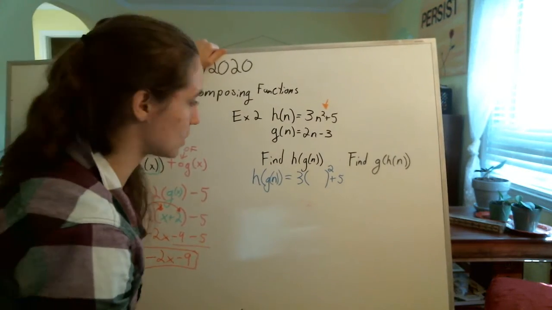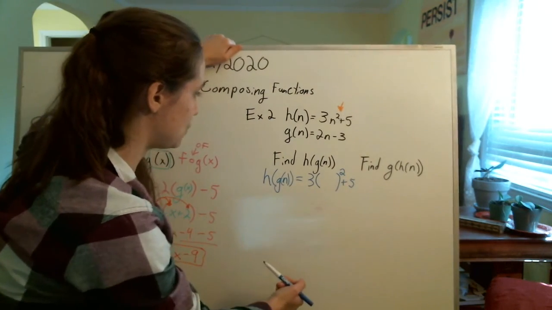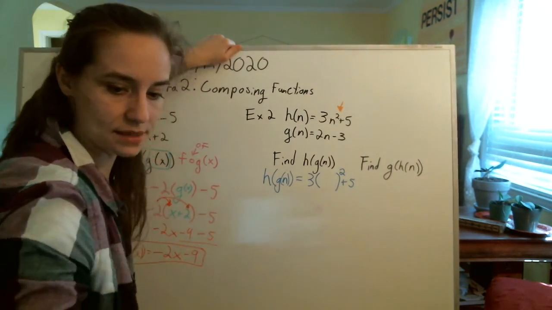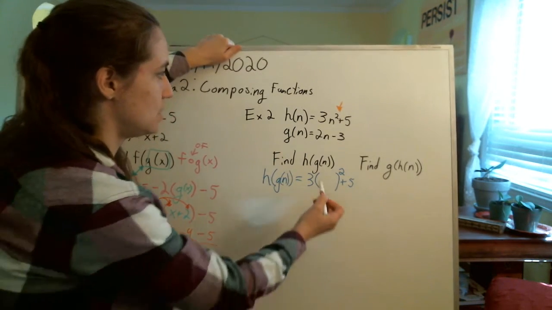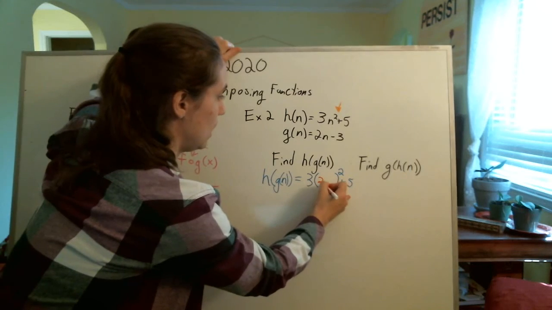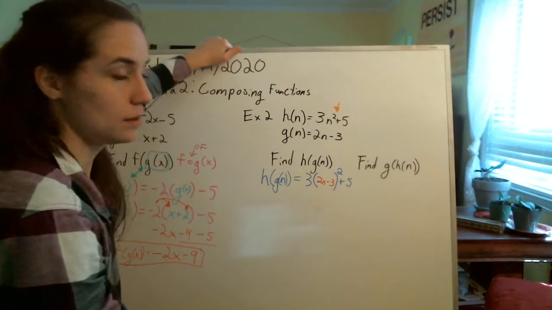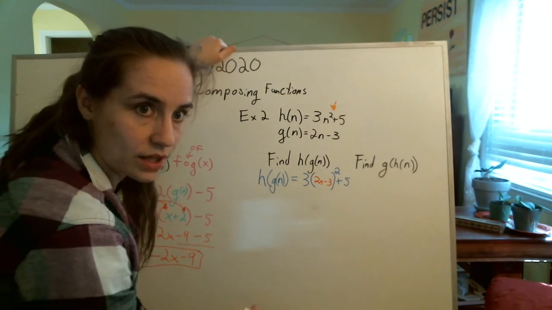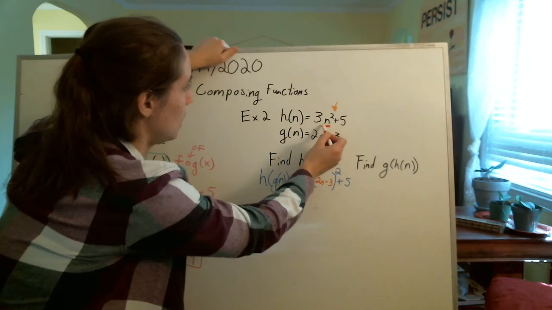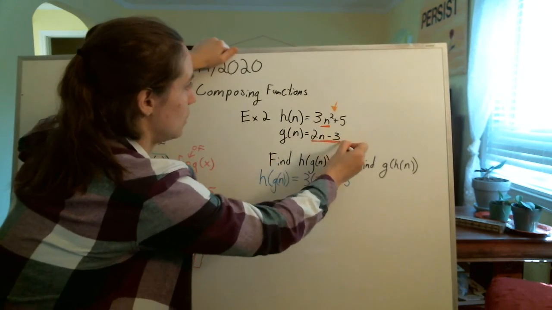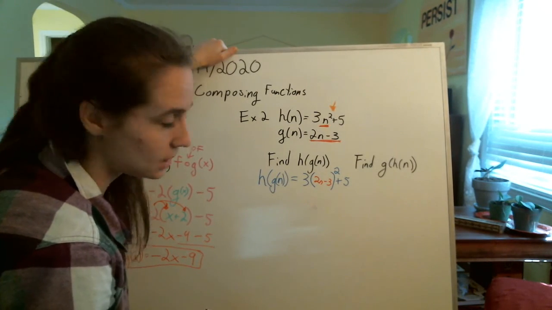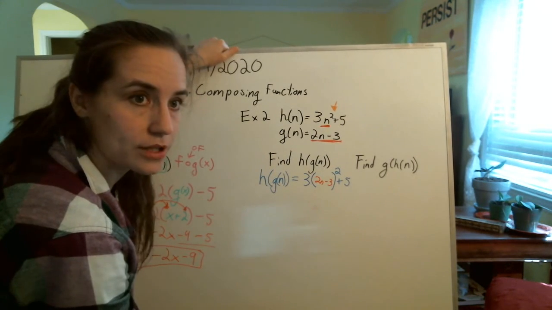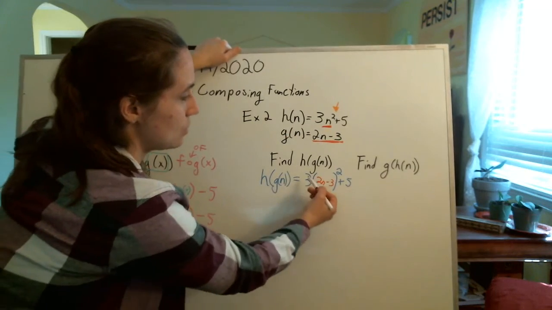So, inside this parentheses, I'm going to put the g function, which is 2n minus 3. Alright? So, all I've done is taken the n and replaced it with g. So, take the n, replace it with g, and so what I'm going to do here is do the math.